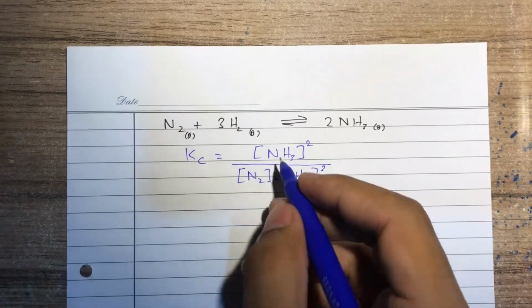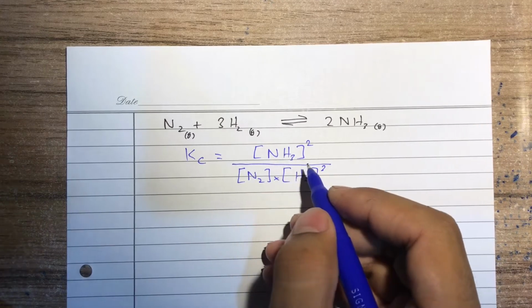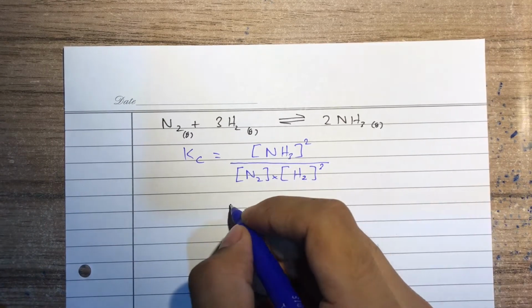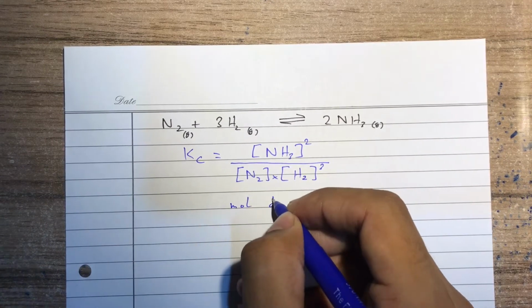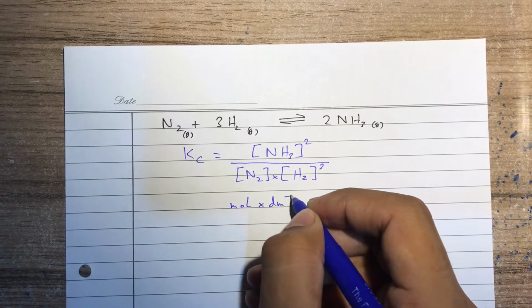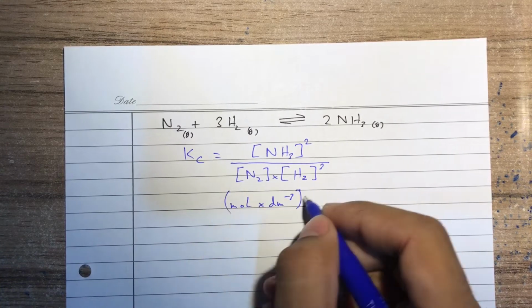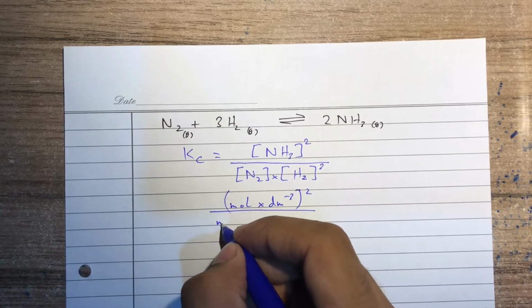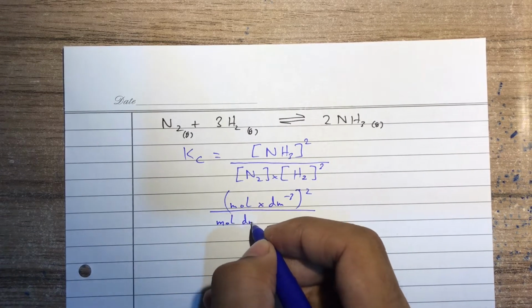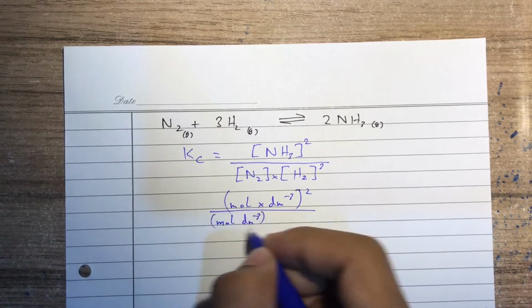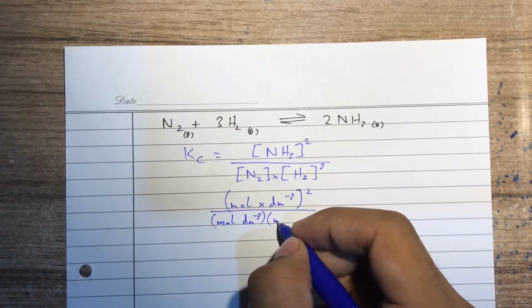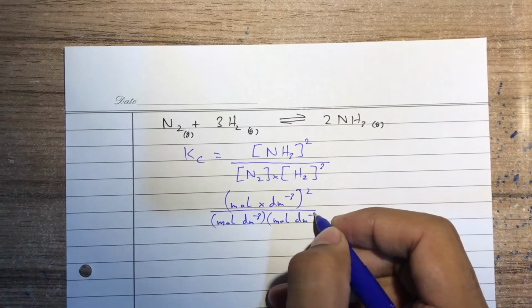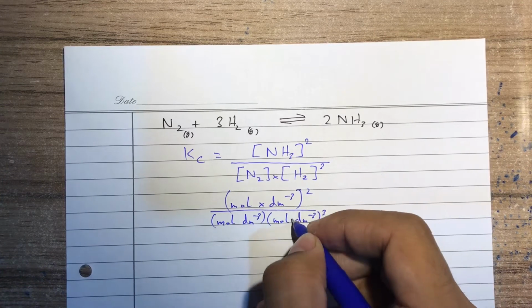Now for the units, the units for concentration are mole per dm cube, that is mole dm^-3, and then it's squared for NH3 upon, for nitrogen it's going to be mole dm^-3, and for hydrogen again mole dm^-3 whole cube.